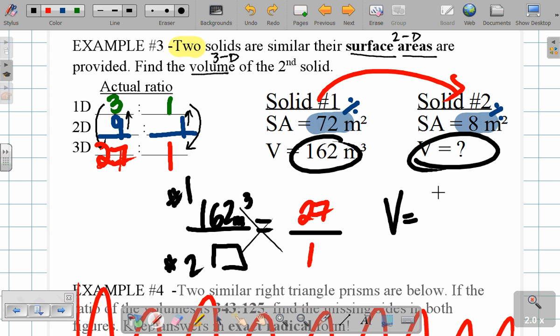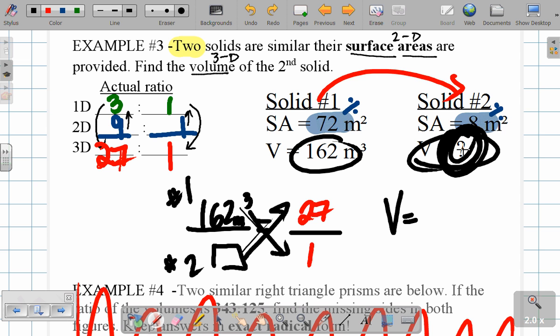Fabulous. Ethan, what'd you get? Just the volume, sir. The volume. After you cross multiply, what'd you get? Did you use 27 to 1 or did you use 9 to 1?